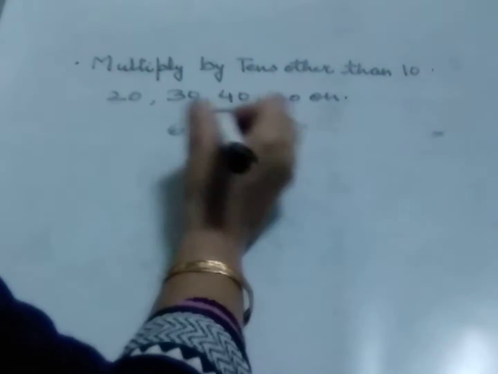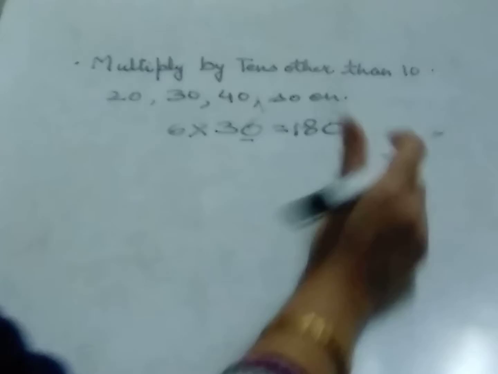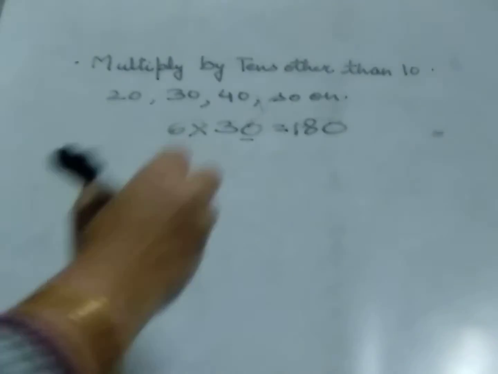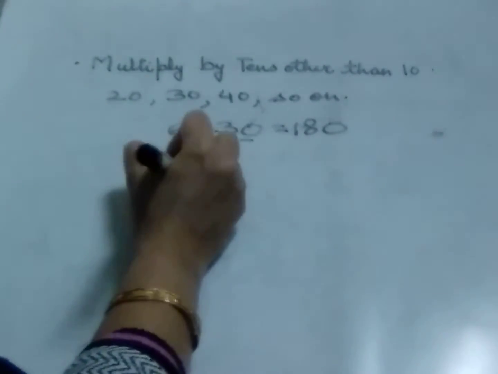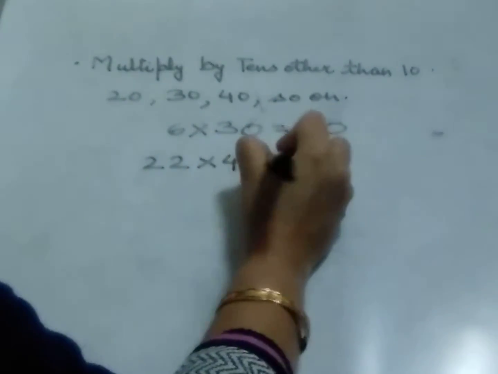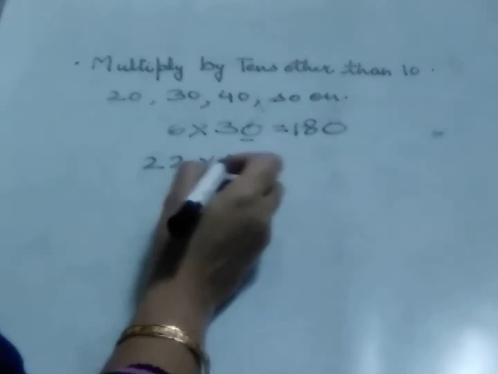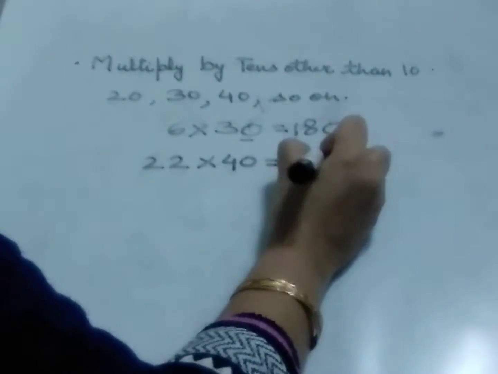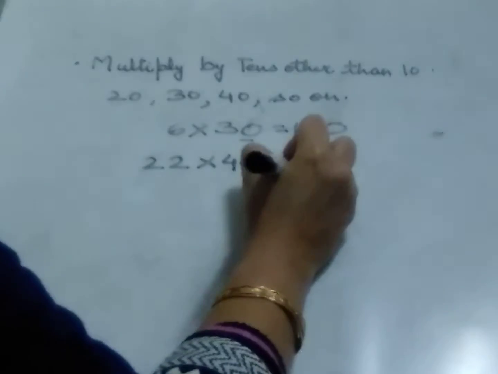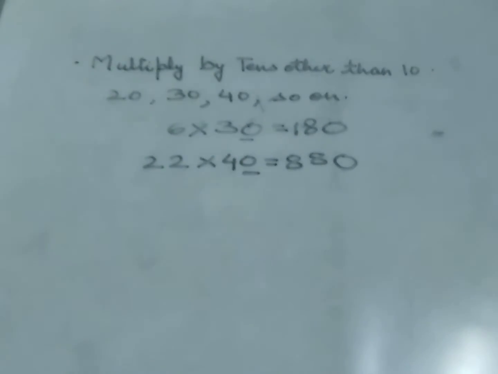Your answer is 6 3s are 18. Write this 0 in the ones place. 22 multiplied by 40. First multiply the 4 with 22. 4 2s are 8, 4 2s are 8, and write the remaining 0 in the ones place. So the answer becomes 880.